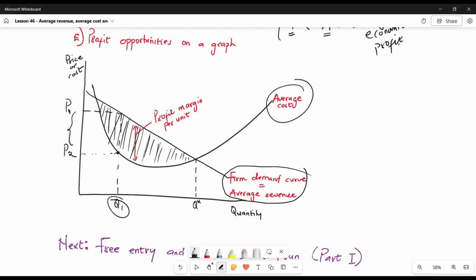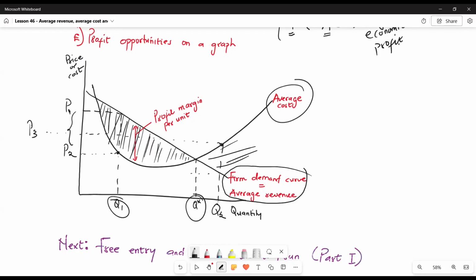Now we can also see that after quantity Q star in this area, the firm is making negative economic profit. So let's look at this. If we are producing at this quantity Q2 and we map this to our price, then we can say that the cost per unit of production is P3.